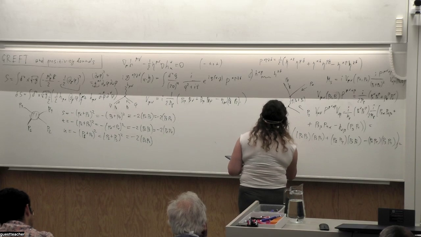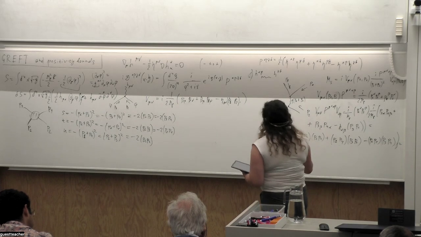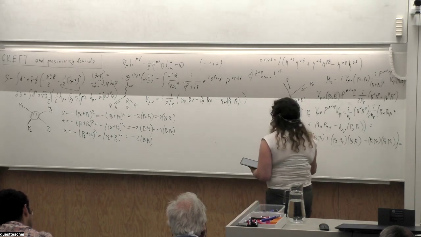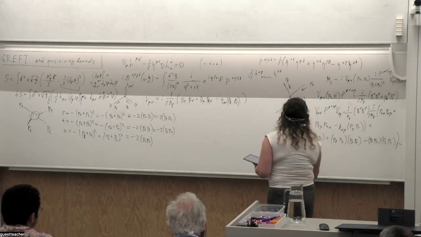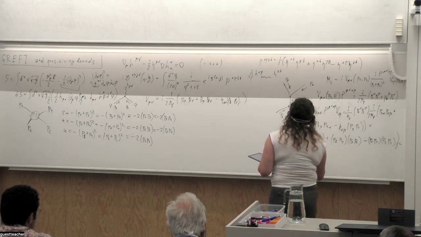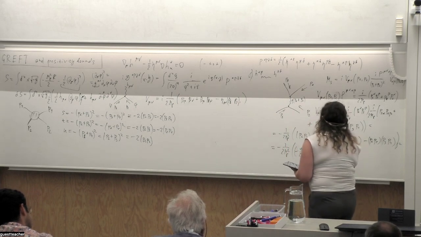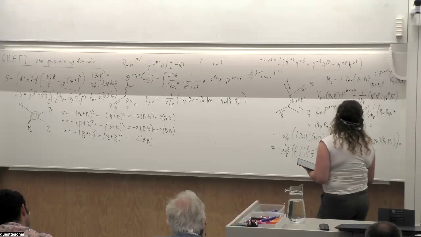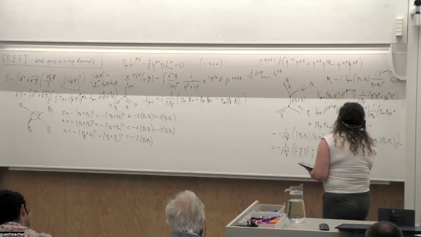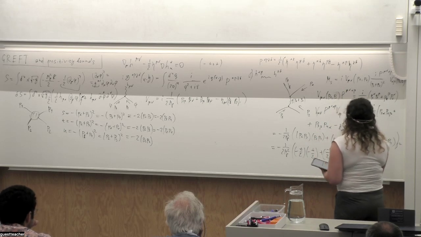P1 P3 is T, minus T over 2 multiplied by minus T over 2, plus minus U over 2 squared, and minus minus S over 2 squared.